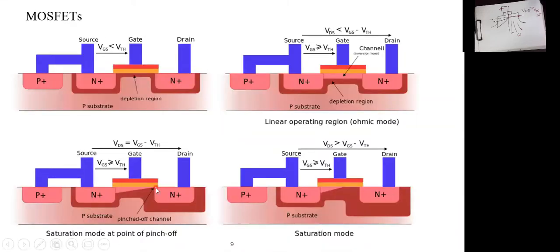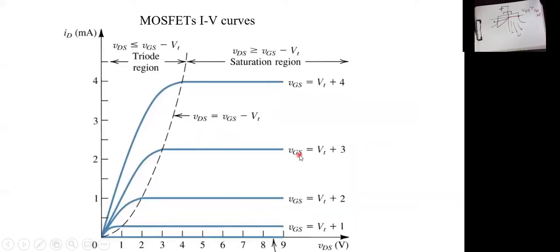However, once a pinch-off occurs, this current starts to saturate. See this saturation resistance, as you can see, which reflects an infinite resistance because, as you know, the 1 over the slope of this curve represents the resistance.